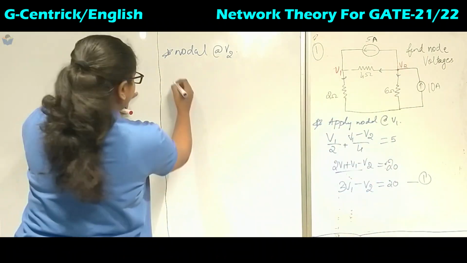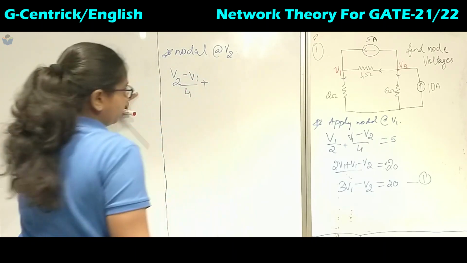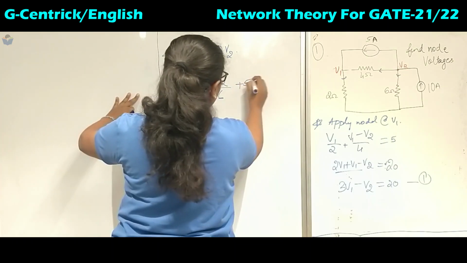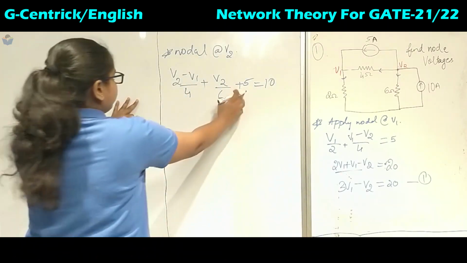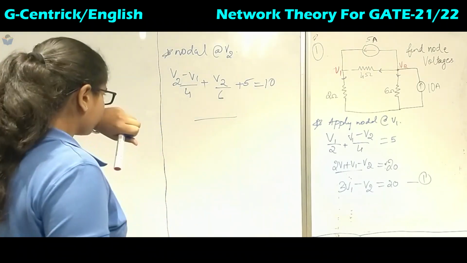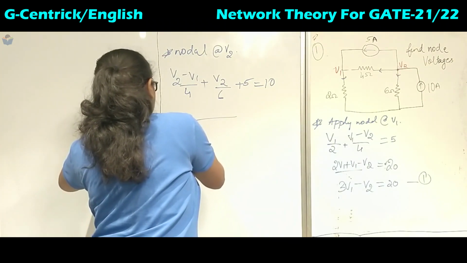Okay, so applying there, we will get V2 minus V1 upon 4 plus V2 by 6, and outgoing is 5 ampere and incoming is 10 ampere. So if it goes that side, we will get 5, and the LCM is, so 4, 6, then 2, 2, 3, 12.